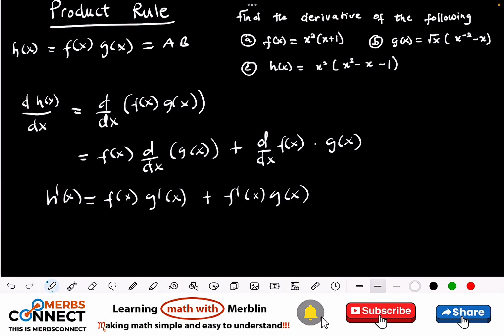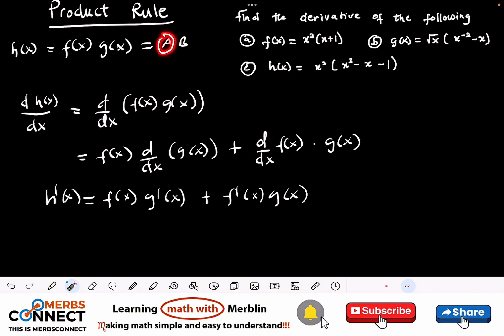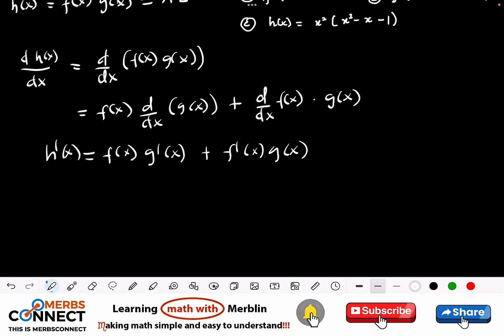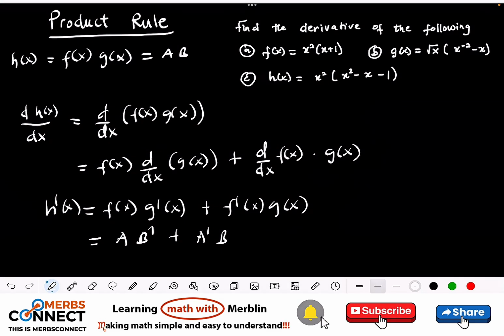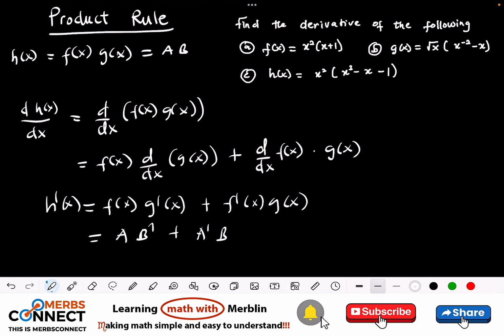So if I'm using the a, now you see that a is f of x, b is g of x. So I'm going to have a b prime plus a prime b. Mostly with the product rule, I prefer using a, b, and then I just pick my a, I just pick my b, and then I just go. This is the rule, but how can I do this? You can just do it in your mind, or you can also use a strategy that I'm going to show you here.